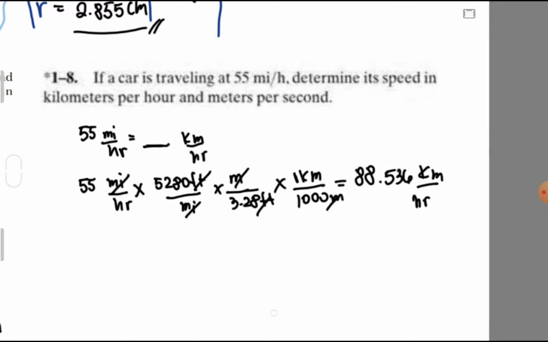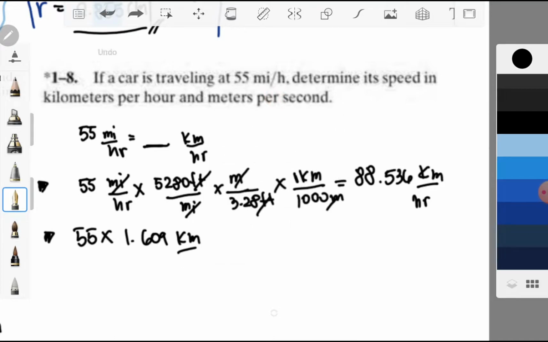Now imagining that I know the direct conversion of miles to kilometers, I will just multiply by 1.609 kilometers per mile. This is my second option. So 55 times 1.609 kilometers per mile.